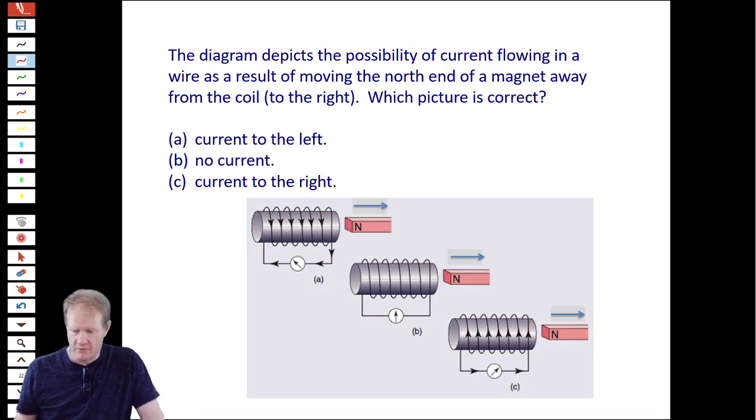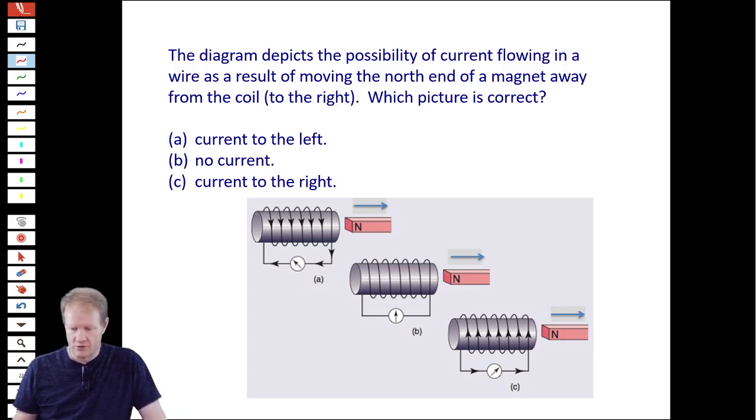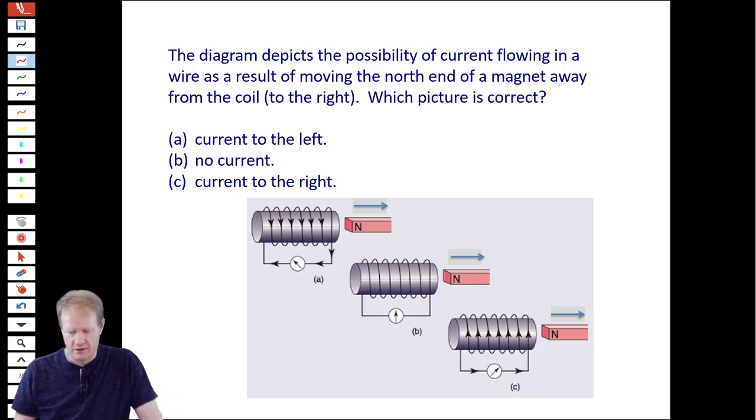Okay, the diagram, and also Lenz's law. So this diagram depicts the possibility of current flowing in a wire as a result of moving the north end of a magnet away from a coil. So don't worry about these silver cylinders. That's just maybe some plastic there just holding the wire in place.